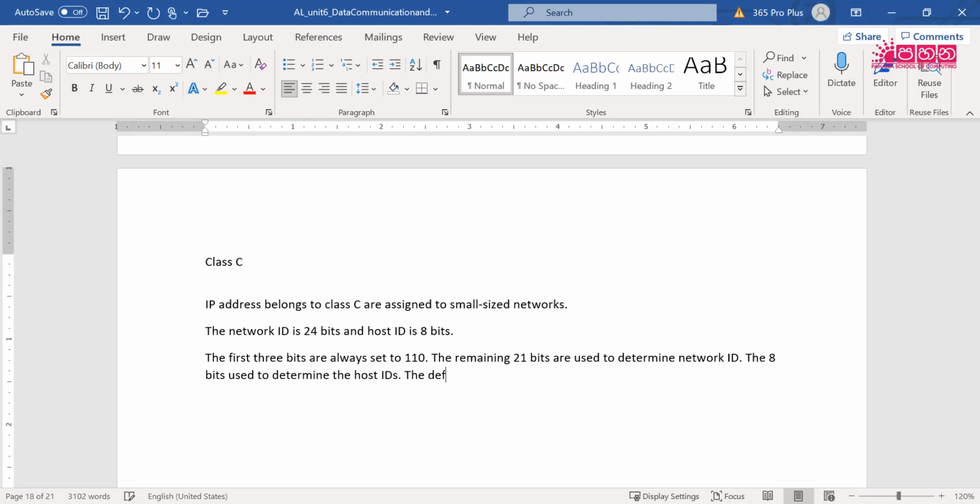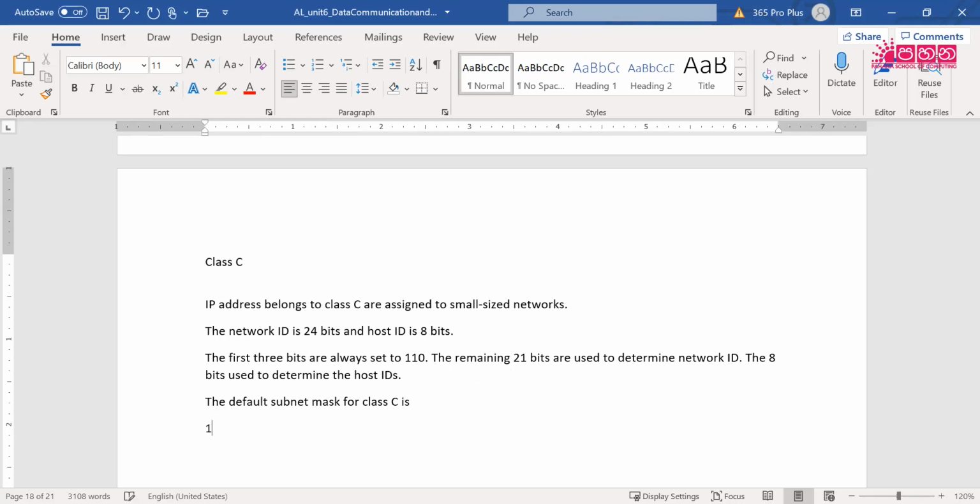The default subnet mask for class C is, how do you get this? Subnet mask, I told you, all the network bits to 1.